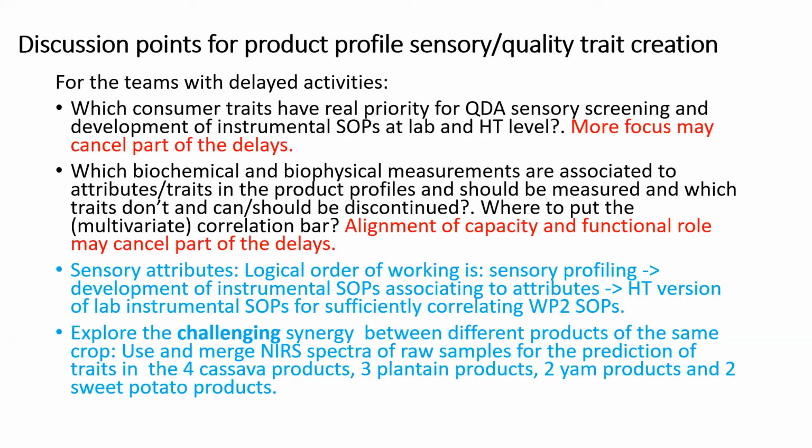So synergy, merging and consolidation can give you a lot more speed, and that is a clear recommendation, especially because you need quantitative data for those product profiles. And the more you have, the earlier they are adopted by the breeders.